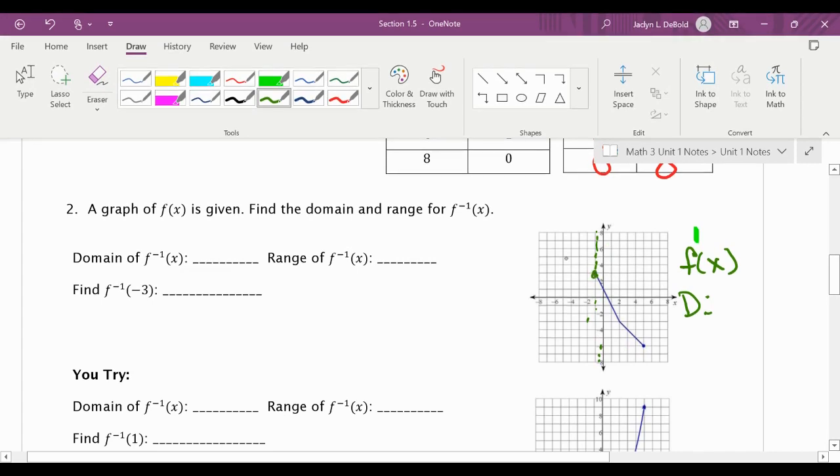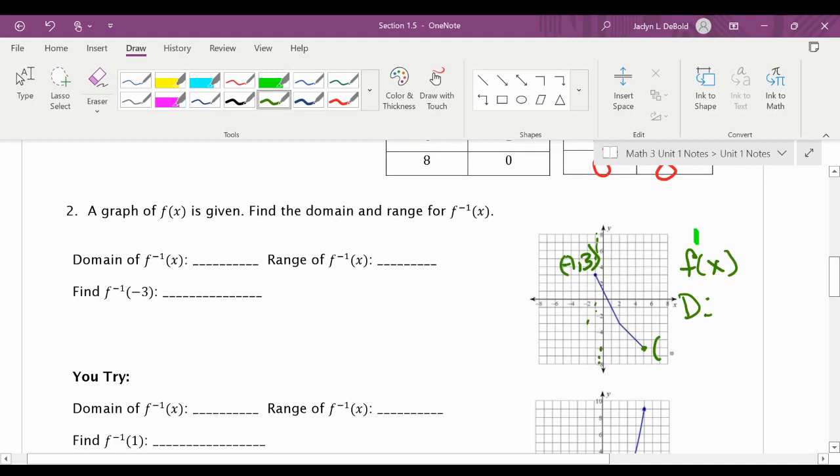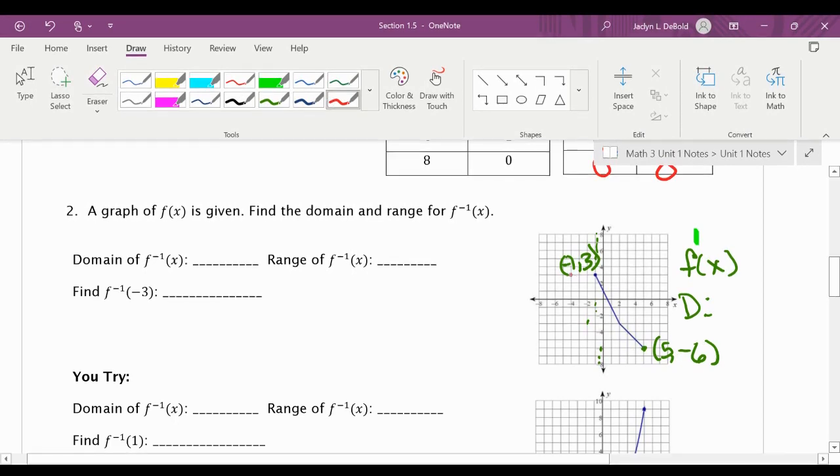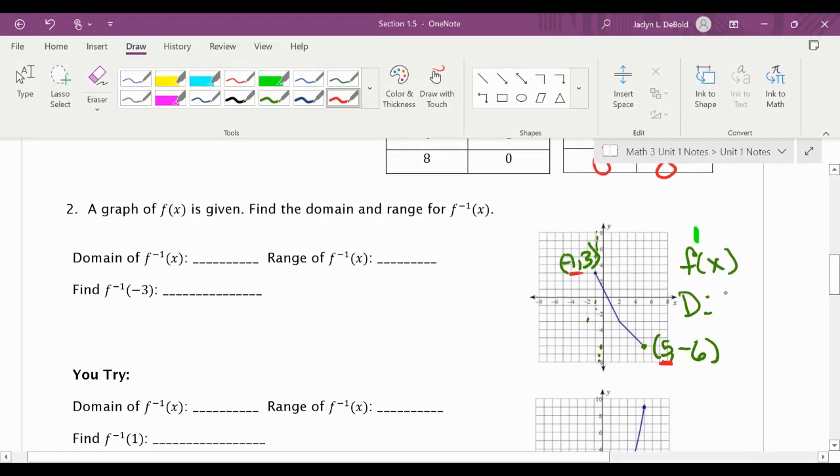You can see this point here, the furthest to the left is the point -1, 3. The point furthest to the right is the point 5, -6. And so when we're doing our domain, the domain is our x values. So we're going from -1 to +5.